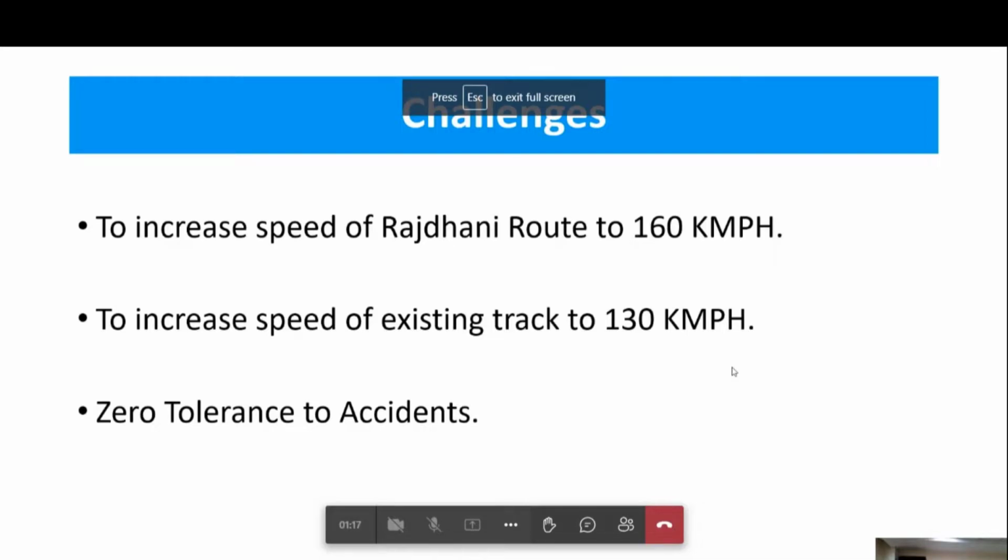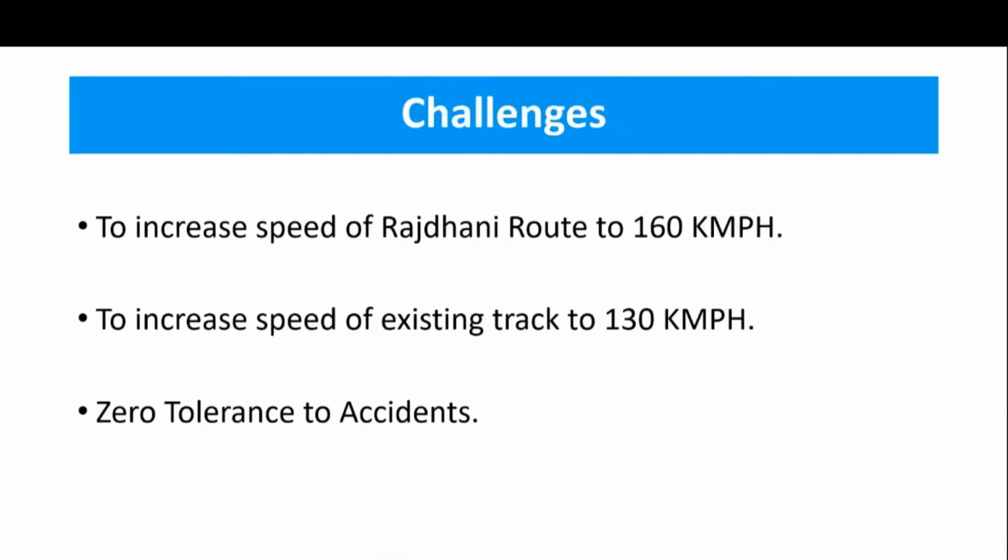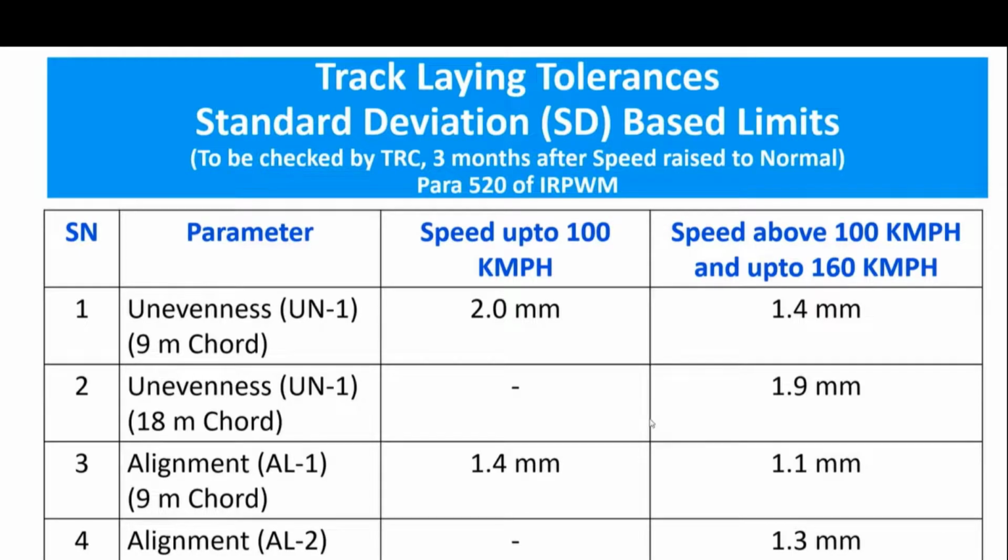If the geometry is excellent or very good, then even the slightly defective wagons also pass the section. The track length tolerances have now been prescribed in the Indian Railway Permanent Way Manual, and they have become stringent.